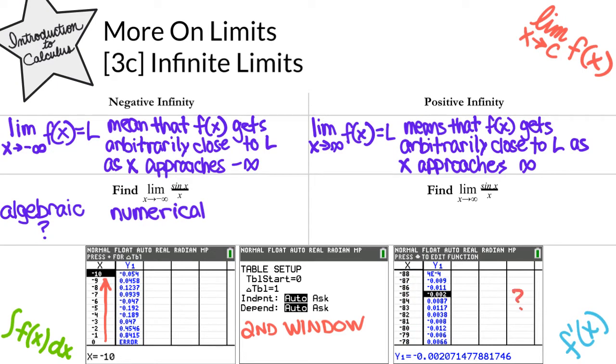Then we ask ourselves a question. Is the function value getting arbitrarily close to a specific number? Something like 1 or 10, or in this case, 0. Even though x is approaching a number that's not real, negative infinity, sine x over x is approaching a real number, 0. And that's the answer.